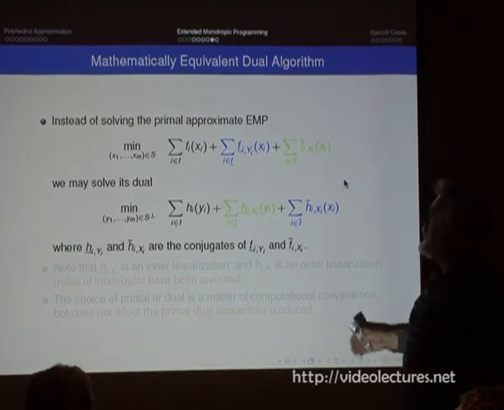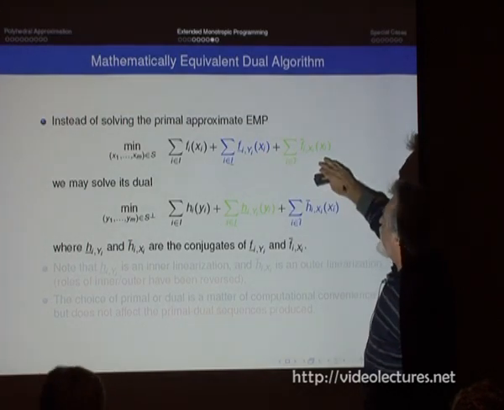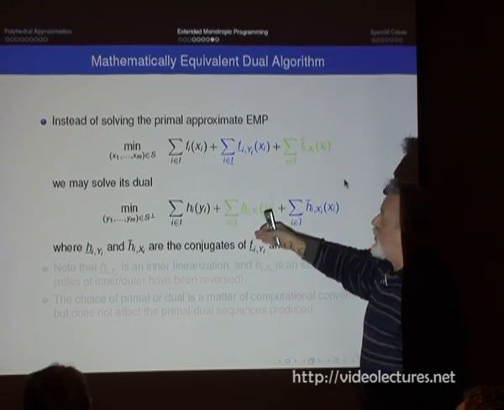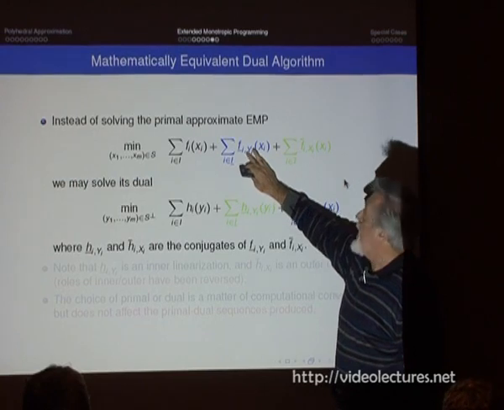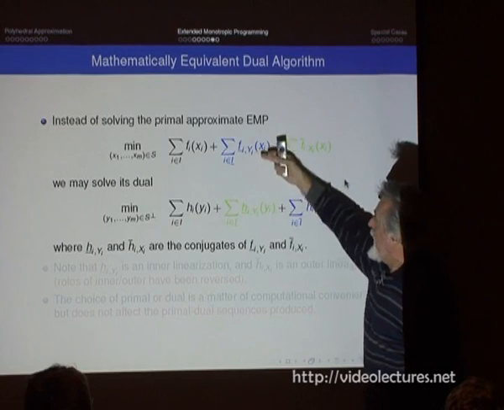Now let's talk about the duality here. We have this approximation of the original problem. If we dualize that, this is an EMP. It has a dual, and the dual involves the conjugates of this f, this blue f, and this green f. And the dual is denoted by h.